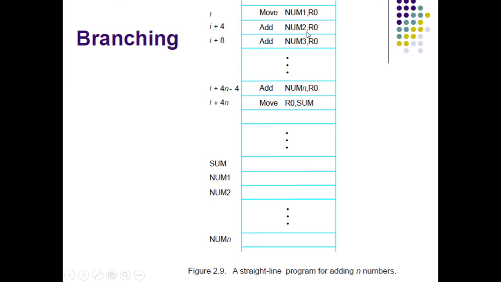So after finishing the execution of this instruction, the processor automatically points to this location. The processor automatically fetches the instruction from this particular location and starts the execution of this instruction, because while executing this, the program counter is automatically incremented and pointing here. So after finishing the execution of this one, the processor gets the next instruction to be executed from this location.